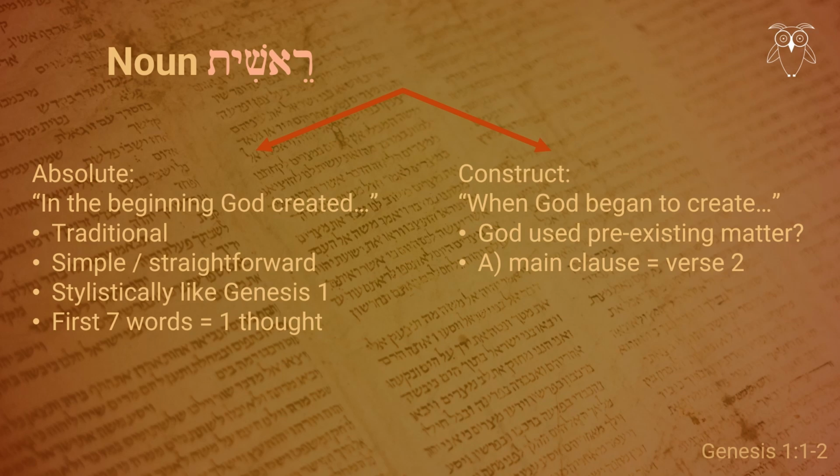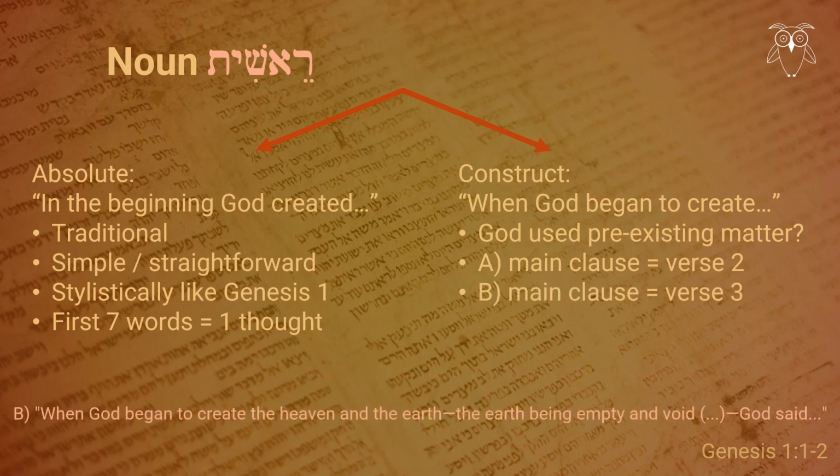In which case, the first complete sentence doesn't end there, but continues on into the second and perhaps even the third verse. And you may get something like this: "when God began creating the heavens and the earth was empty and void." Or, "when God began creating the heaven and the earth being empty and void, etc., God said."